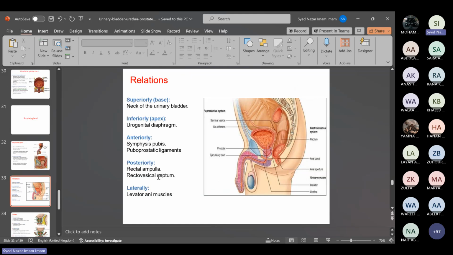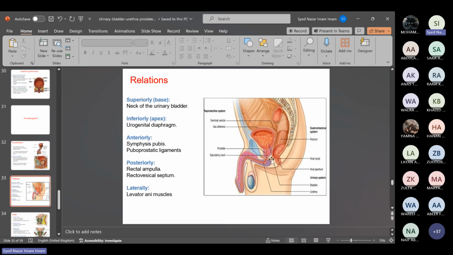Relations. What relations do we have? You can imagine from here, this is anterior and this is posterior. Superiorly, we have the neck. Inferiorly, this is the urogenital diaphragm. Anteriorly, it is the pubic symphysis, and posteriorly, it is the rectum. Which part of the rectum? The ampulla of the rectum, and the rectovesical septum, Denonvilliers' fascia.